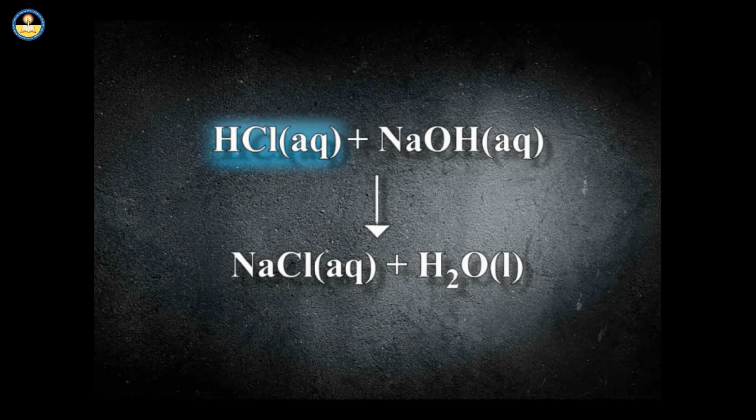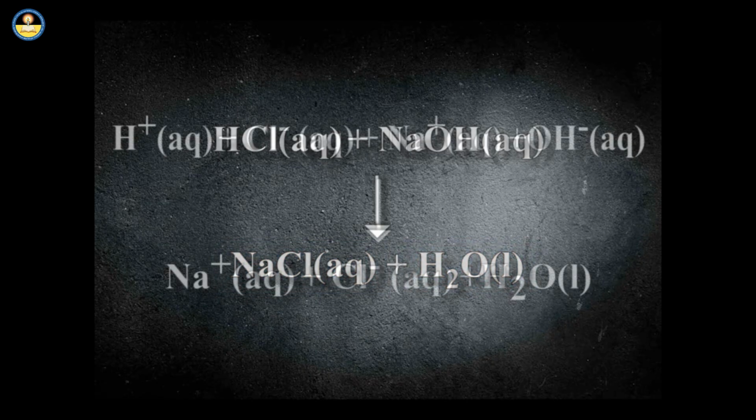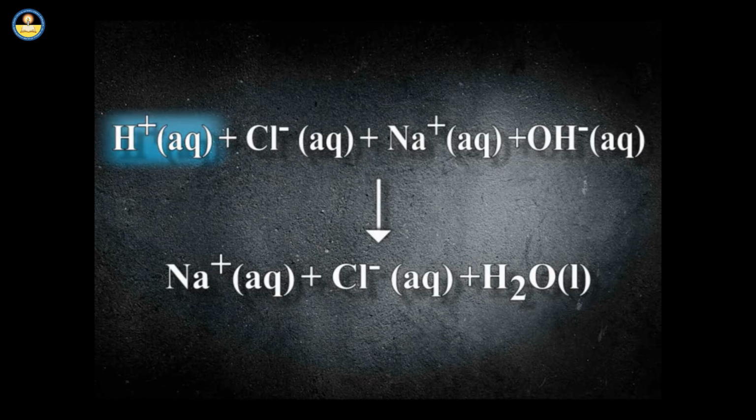Hydrogen chloride in aqueous form reacts with sodium hydroxide in aqueous form to form sodium chloride in aqueous form and water in liquid form. Hydrogen ions, chloride ions, sodium ions and hydroxide ions in aqueous state react to form sodium ions, chloride ions in aqueous state, and water in liquid state.